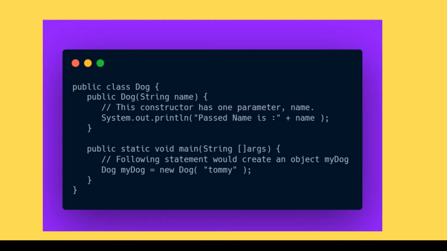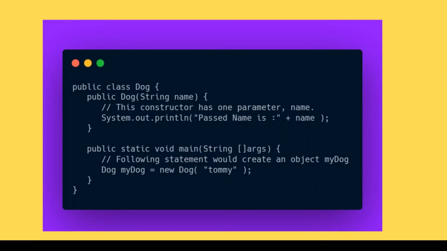Then in the main class, public static void main String args, there is an object made which is myDog of class Dog.